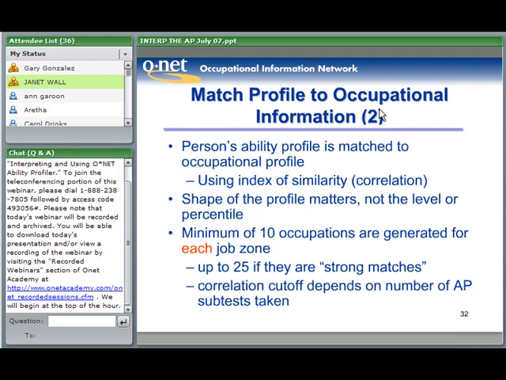So you would anticipate that some of those occupations would have very high verbal ability, computation, and so on. But that's not what they're doing. They're not comparing percentile scores to ability requirements. They're comparing the shape of the occupational profile to the shape of the person's profile.